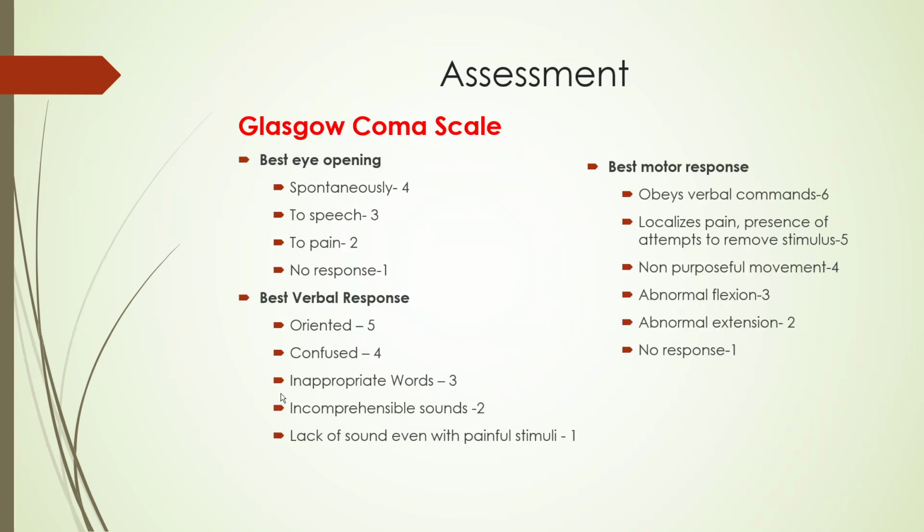So here are all of the numbers associated with the Glasgow Coma Scale. You can see the eye opening, the verbal response, and motor response. Those are all the ways that we would assess, or our findings, and then you would assign the appropriate number and add them together to get the total score.